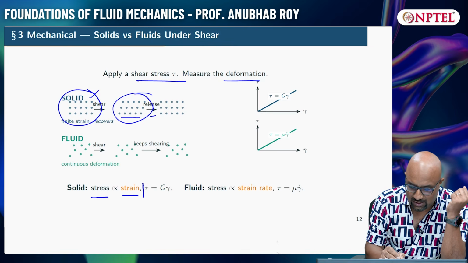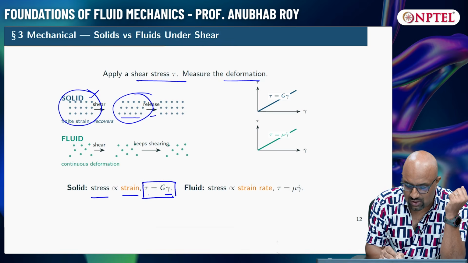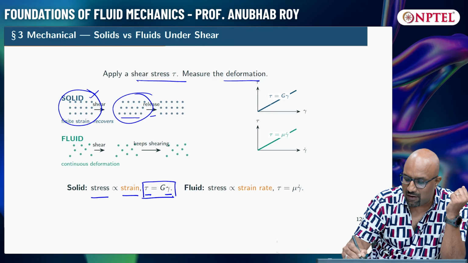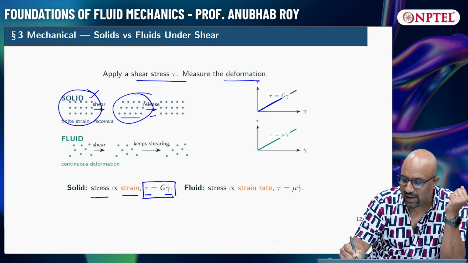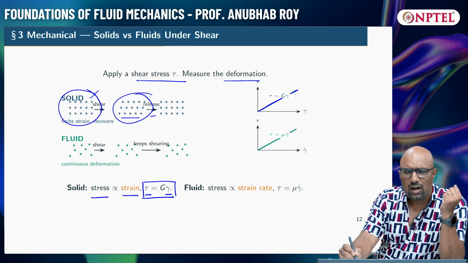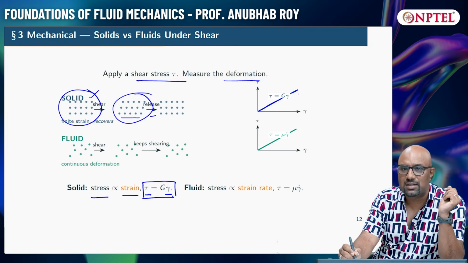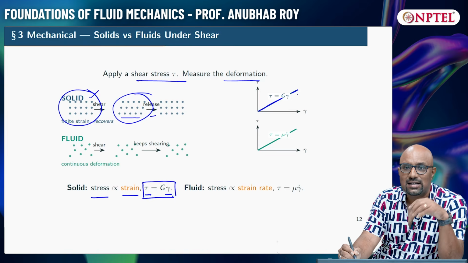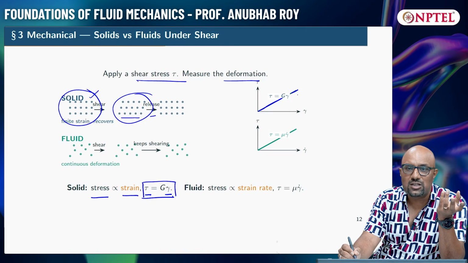So tau, being the stress, is proportional to the strain gamma, and G is your shear modulus. So you would see a behavior where tau plotted against gamma is a straight line where the slope is the shear modulus. Now real materials might deviate from this kind of linear behavior, but the basic idea is that there is a stress or internal response in the material which comes about due to the deformation in the material.